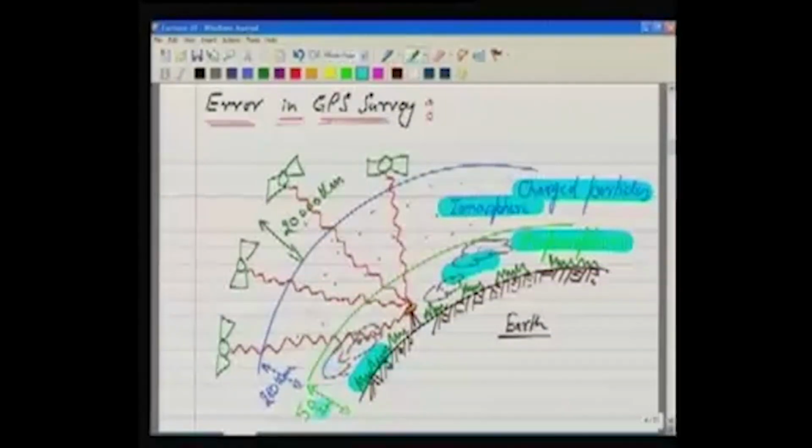Now, this is the height or the width of these spheres. At 20,000 kilometers above the ionosphere, we have our GPS satellites.